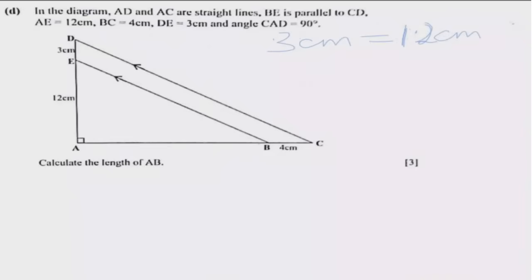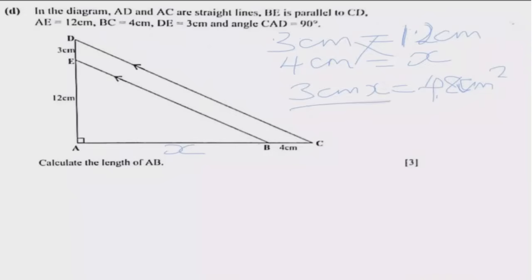Then we can also come up with a ratio which is 4 centimeter is equal to x. We don't know the value of the length AB, so we put x there. So we cross multiply. Then we have 3 centimeter times x will give us 3 centimeter x, which is equal to 12 times 4 will give us 48 centimeter squared.